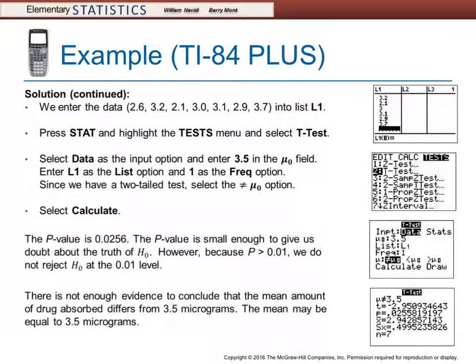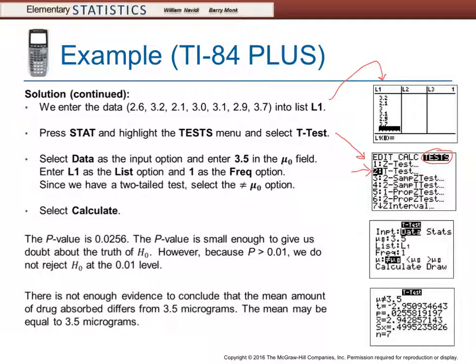And now we enter the data into L1 after we hit the stats key. Once we hit the stats key again after we've entered the data, we move over to the test option and we select the t-test.